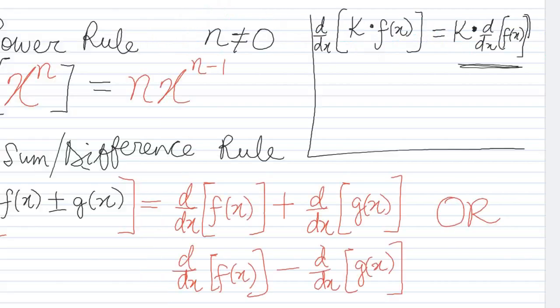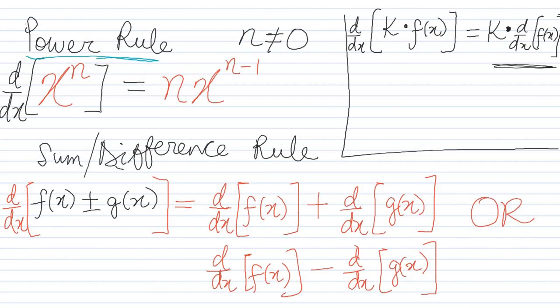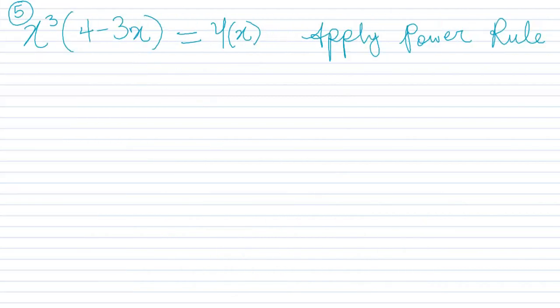So we've talked about the three main things: the power rule, the sum and difference rule, and the constant multiplied by function differentiation rule. So now we can do it.